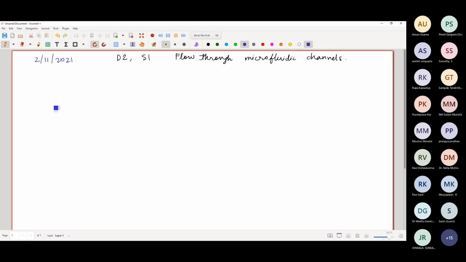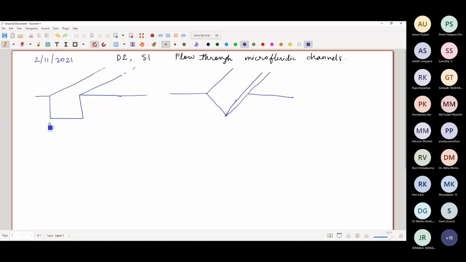So far what we have done is we have found a way to fabricate channels. After we fabricate channels, the channels will look either something like this, or it may look something like this, or there can be a variety of grooves.